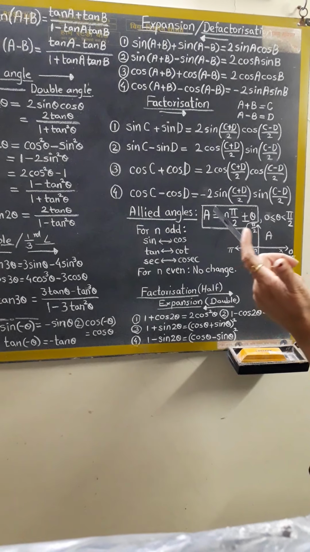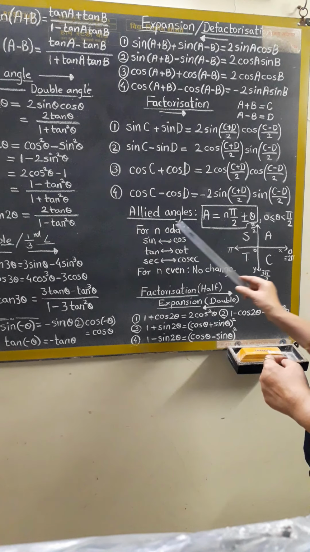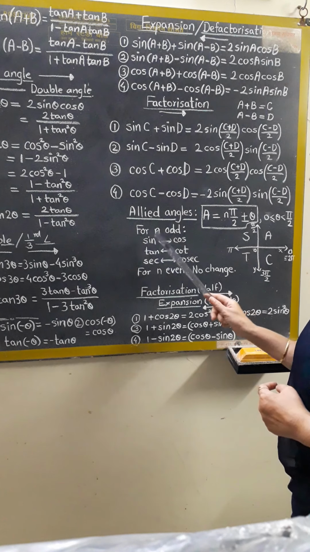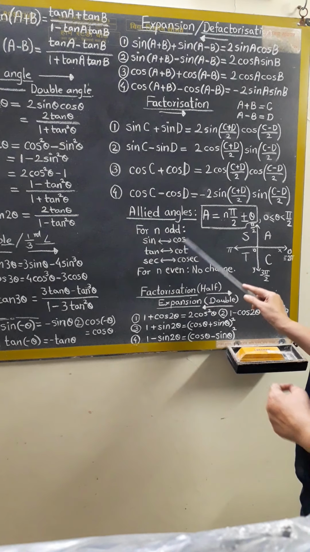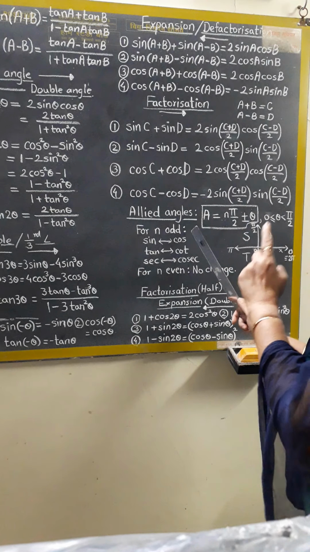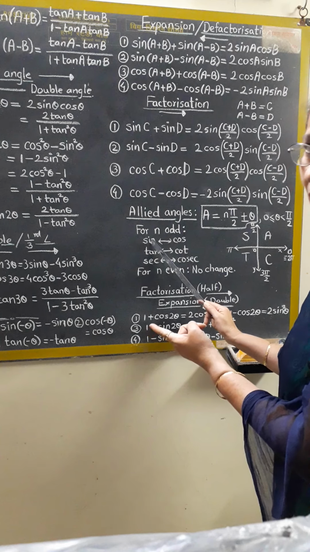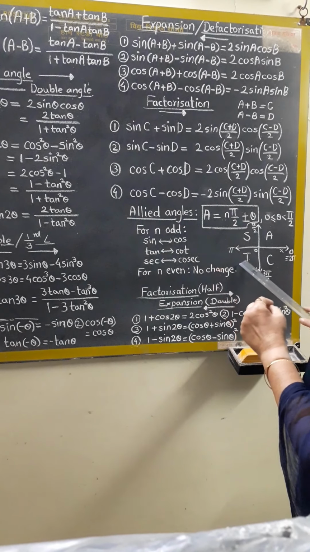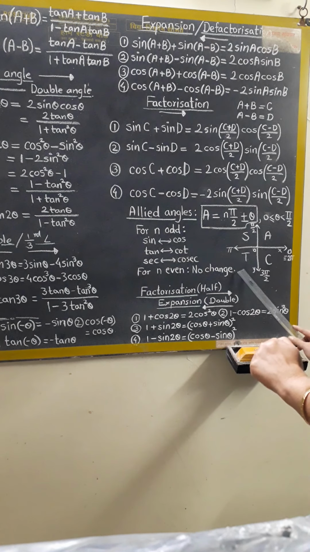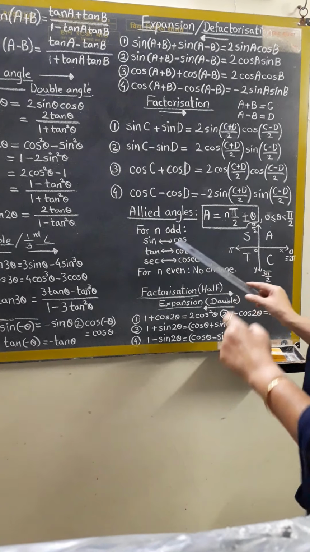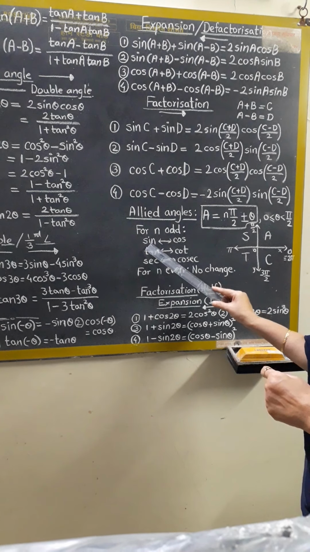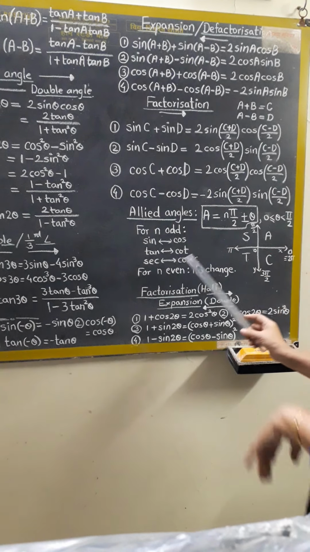Now the number I said was 3 times, so it is odd. If it is odd, use this rule that sine will change to cos, cos will change to sine. Now just now I said cos of 260, so cos will change to sine. So I will write minus, because 260 is lying in this quadrant where cos is negative, minus sine, because n is odd, sine 10 degrees will be the answer.